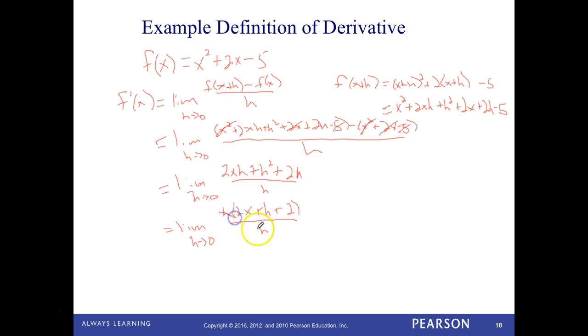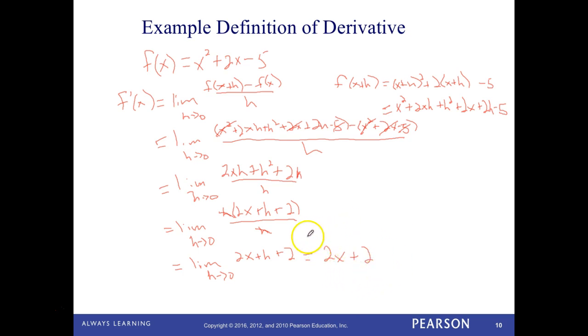still. Now these h's will cancel, and I'm left with the limit as h approaches 0 of just 2x plus h plus 2. Now I can plug in my 0 for h, and my answer is 2x plus 2.